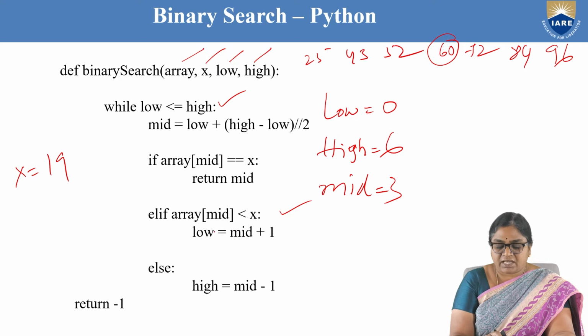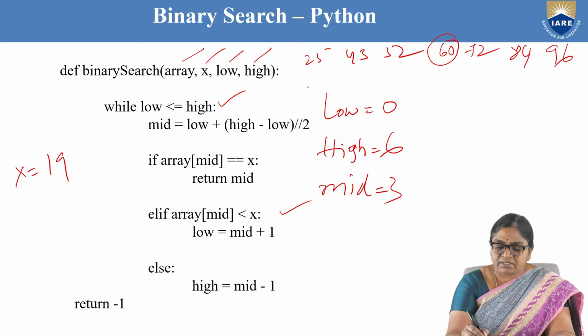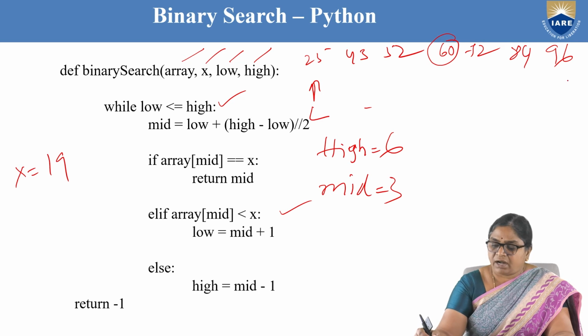If it is less than the key element, we are changing low value. Otherwise, we are changing high value. So, in our case, the key element is less than the A of mid. So, what we are trying to do now? Previously, low is indicating here. This is our low and this is our high.